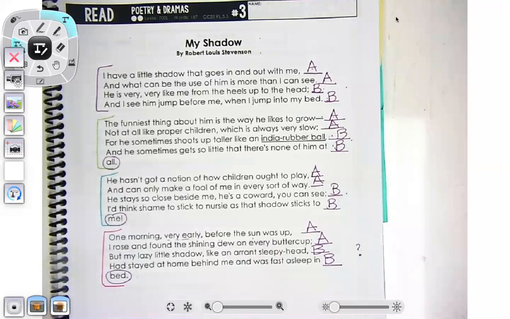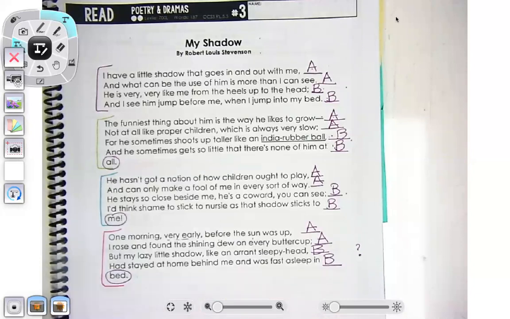And in this way, the author wants to describe shadows and how they're always with us and they're always following us. And depending upon the light, we see more or less of them. We see them at different times, like in the morning before the sun comes up, we won't see them.